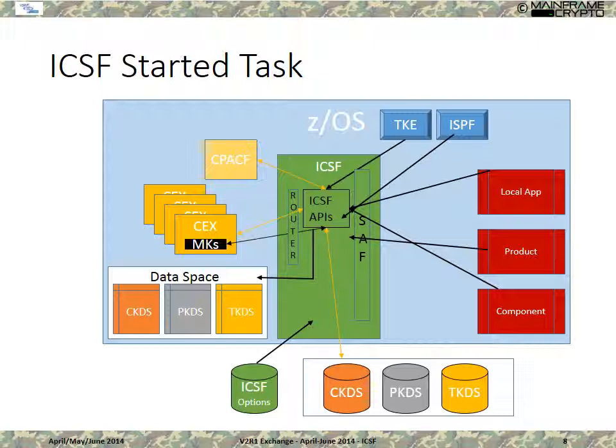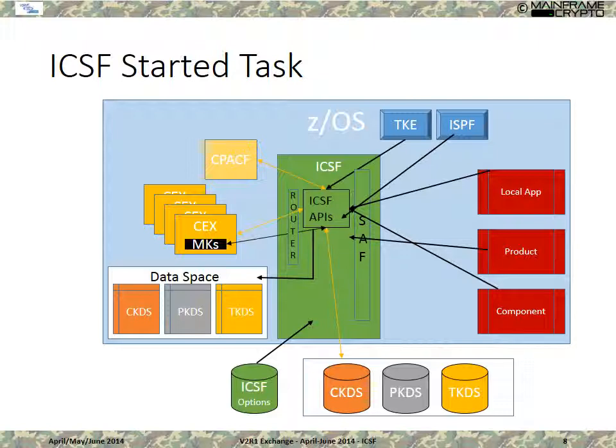They're stored in the token key data set. When ICSF starts, it will read those key stores and build data spaces for each one. We do that for performance reasons, so it can get the key material out of memory as opposed to having to do the I/O to the cards or to the data sets every time it needs it.